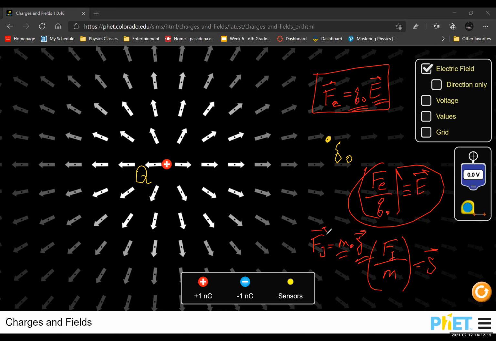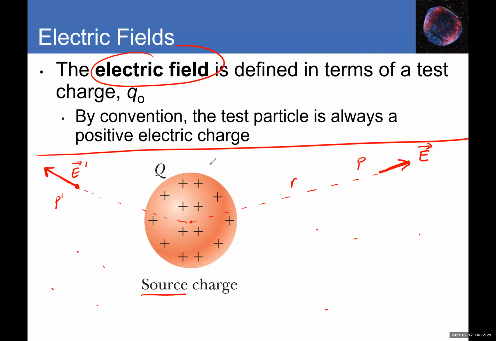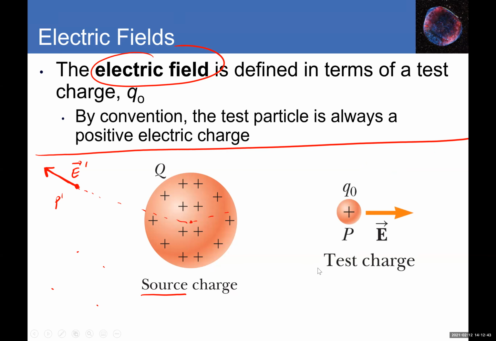All right. So hopefully this would help you. If we go back to our slide, one thing we can see here is this. Let's say I have this source charge, then all this region is filled with electric fields. And I don't really see that, but I can test it by bringing a test charge.